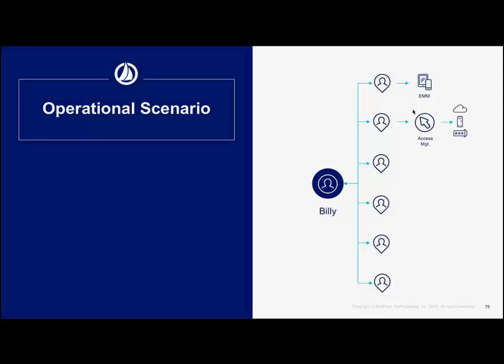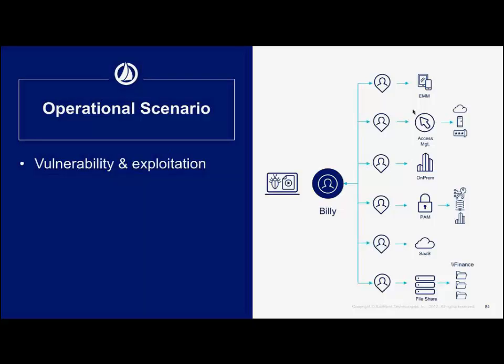He's got a single sign-on access management account in the Azure cloud. He's got access to accounts on-prem, and he has an enterprise PAM solution giving him access to the production web servers for publishing content. He's got multiple SaaS accounts, and access to lots of file shares that contain all kinds of important company data and PII. Usual situation. Billy is not unusual in most businesses.